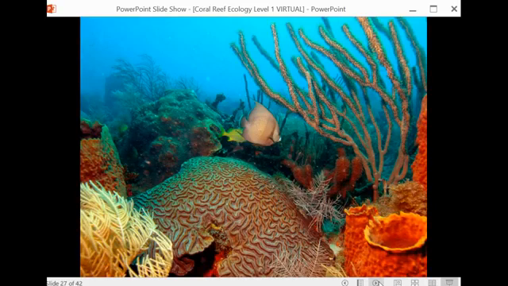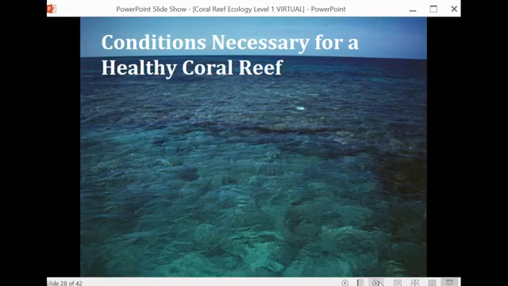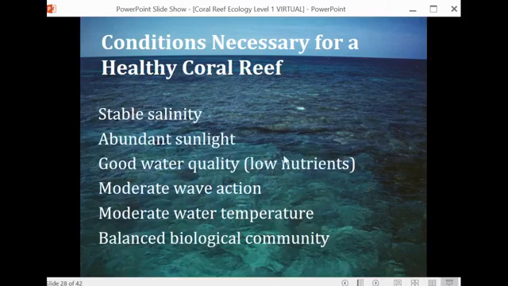In order for corals to have a nice, healthy looking community like this picture, they need very specific conditions. This list is certainly not all-inclusive, but it gives you an idea of some of the things corals need, and why we don't see corals everywhere. They need stable salinity, that's referring to the amount of salt in the water.